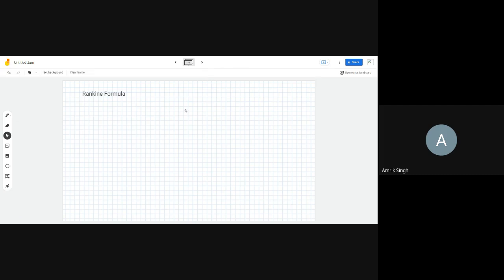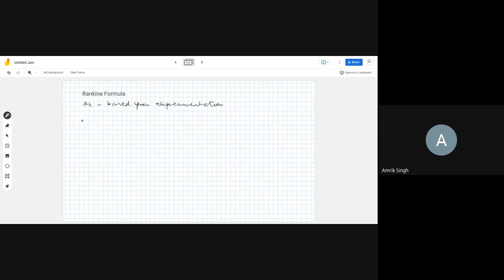Because Euler formula is only there for the more long columns, for the Rankine formula, the first thing is that it is based upon experimentation.